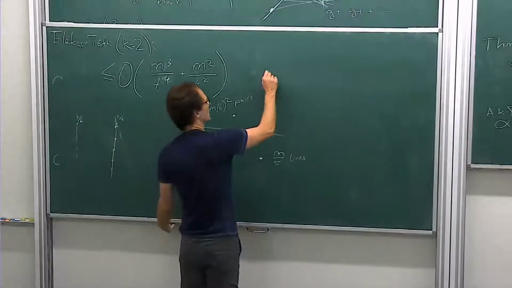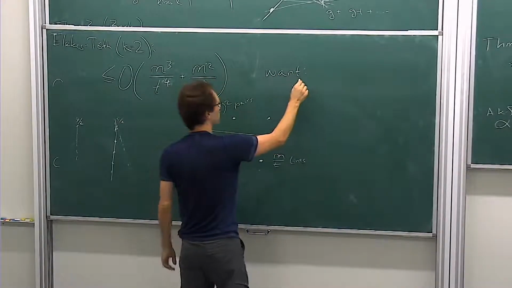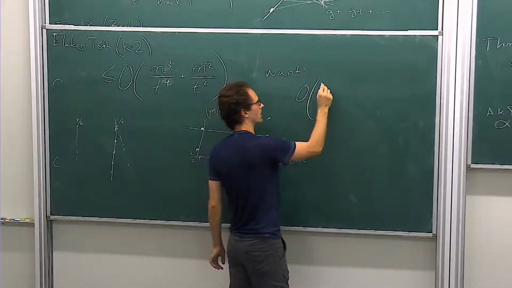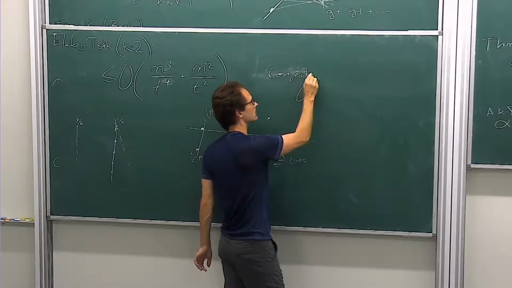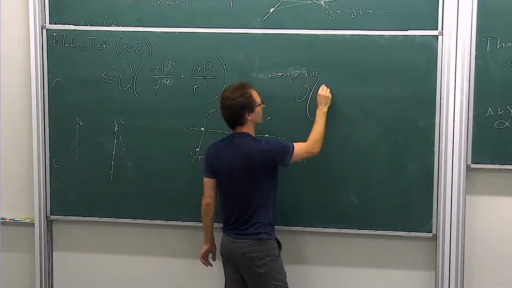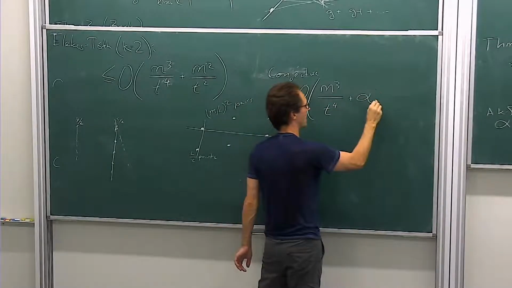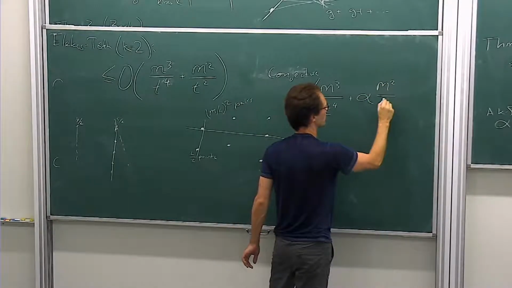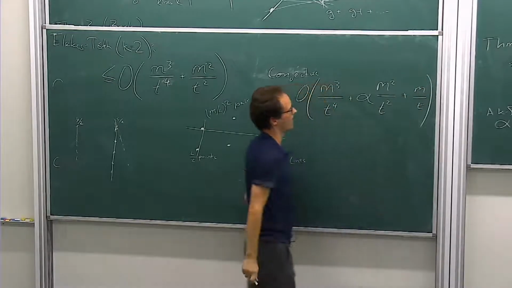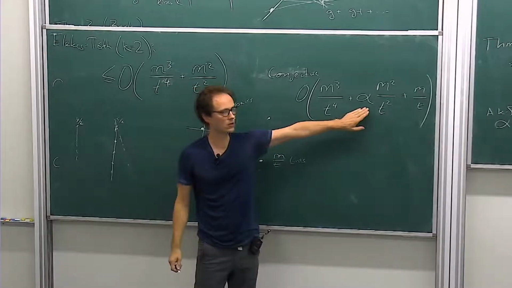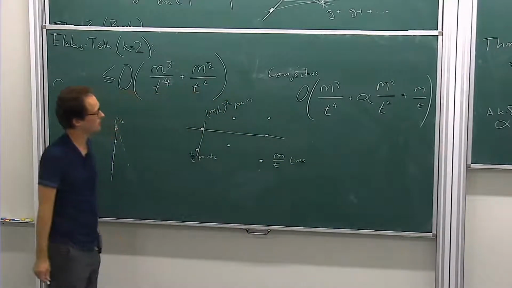And so I won't go into it, but kind of the best that we could hope for, so this is a conjecture, would be m cubed over t fourth plus alpha m squared over t squared plus m over t. And I think that this would be good for applications, and it should be achievable.